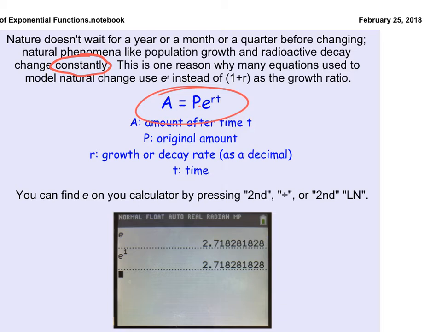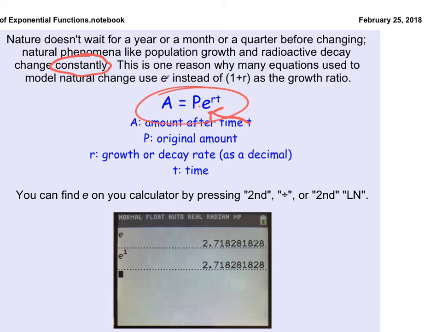Have you ever heard of carbon dating? So they get this old jawbone that they found in the ground, and then they do carbon dating on it, because do you get that the carbon has been decaying all the time? It doesn't wait a month and then decay a little more and wait a month and decay a little more. You know what I mean? It's decaying constantly. Anytime something's constant like that, it uses E.